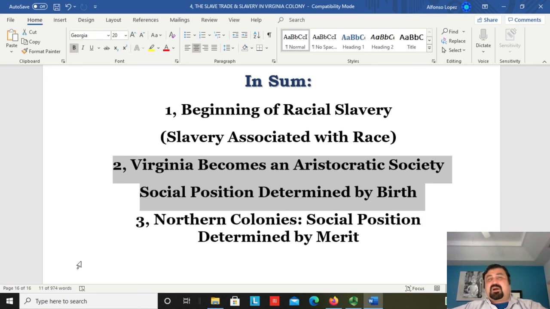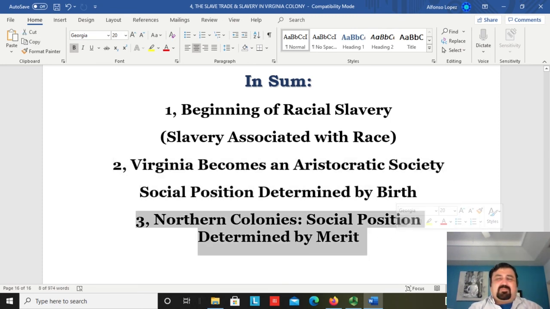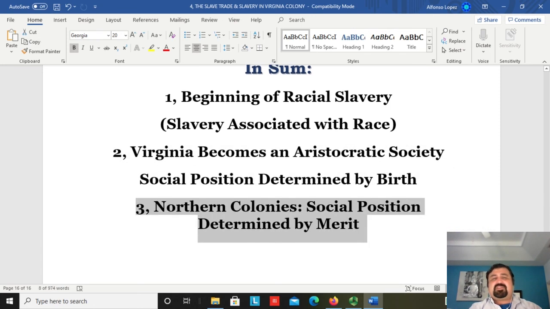Of course, in sharp contrast, when you look at the upper colonies, you look at New York, you look at Pennsylvania, you look at New England, for example, what you're going to find there is that people born into any situation can actually get out of that situation and become something else. In the upper colonies, there's going to be social mobility. Again, you can move in society even though you were born from a family of farmers.